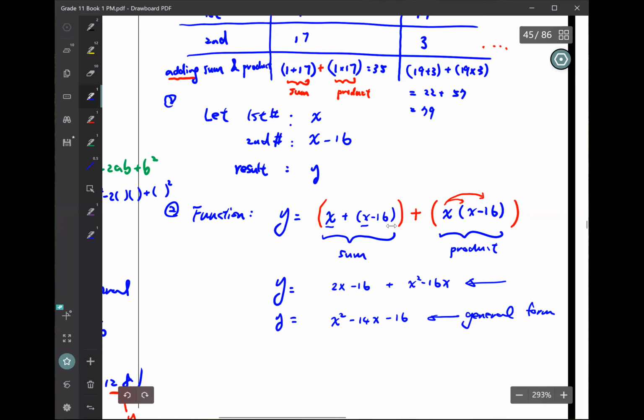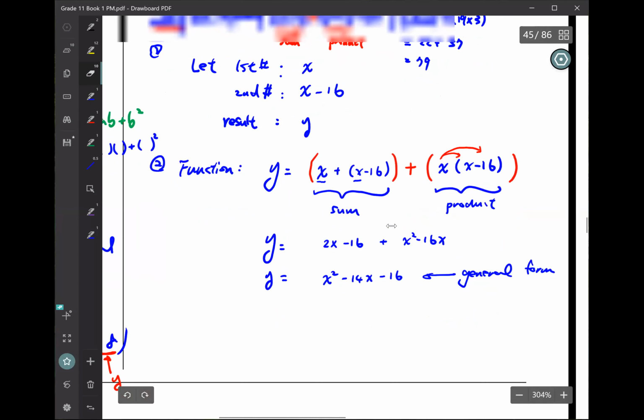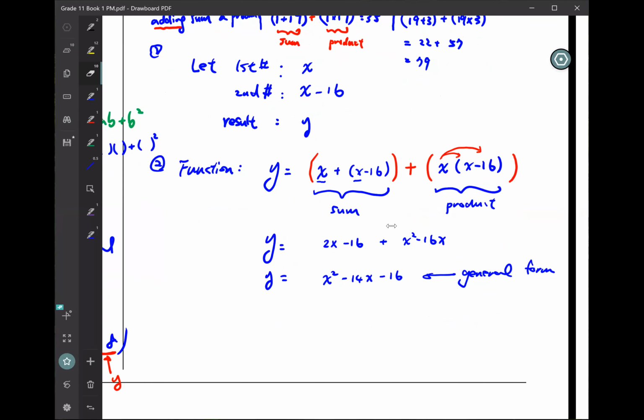Okay, in any steps, if you get stuck, you just call it out, right? Let me know, and then I can help you, right? Otherwise, you will be just staring at the same thing for a long time, right? Okay, anyone has question getting to the standard form? Please raise your hand if you got the standard form already. The one with the vertex, okay? We need to get the vertex here.